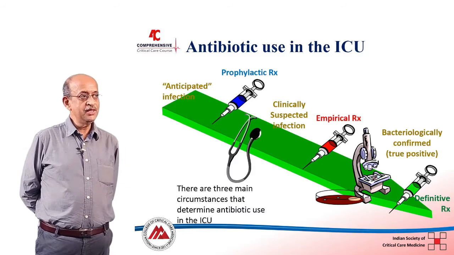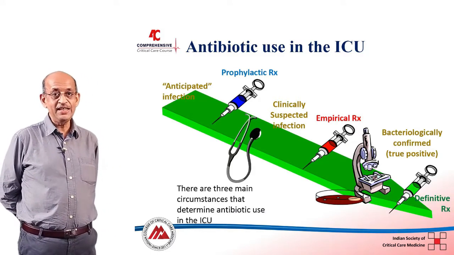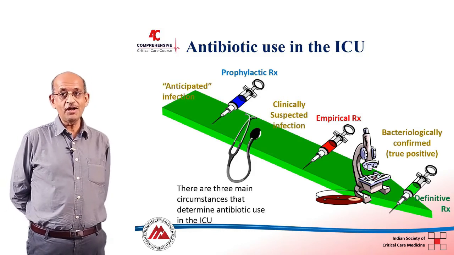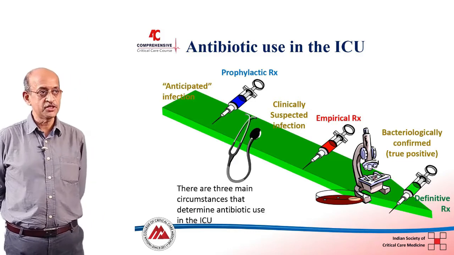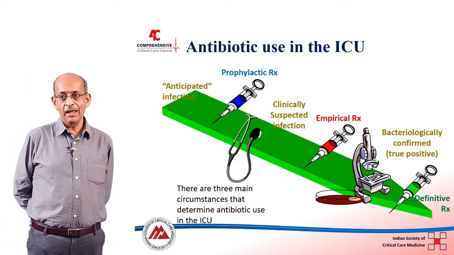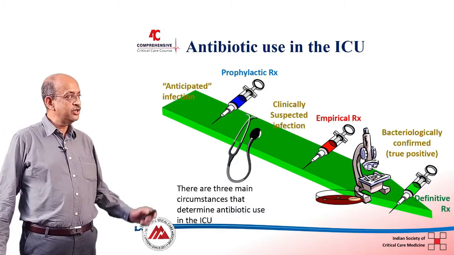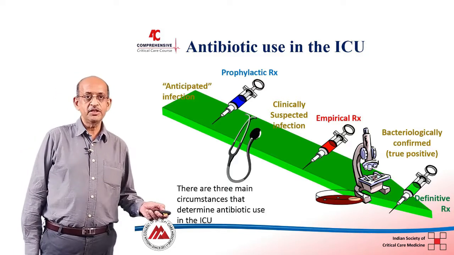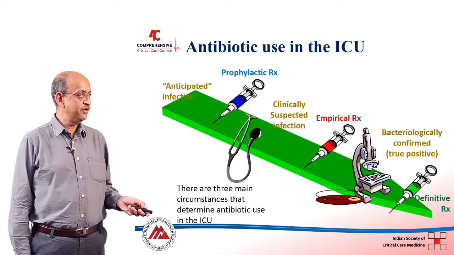Very often in the ICU, we would use antibiotics in patients with clinically suspected infections who have not yet had proof by bacteriological confirmation of the infection. This is what constitutes empirical therapy. The third situation is when we have a bacteriological confirmation and the patient is identified to have a specific infection, and we would treat them definitively.